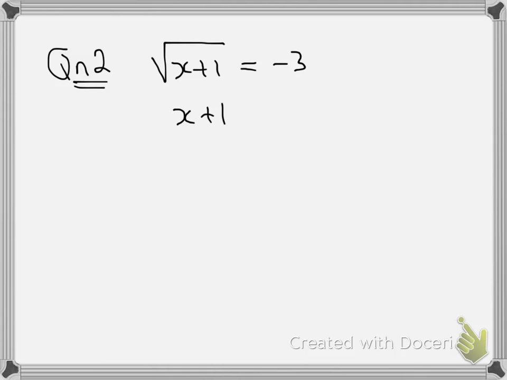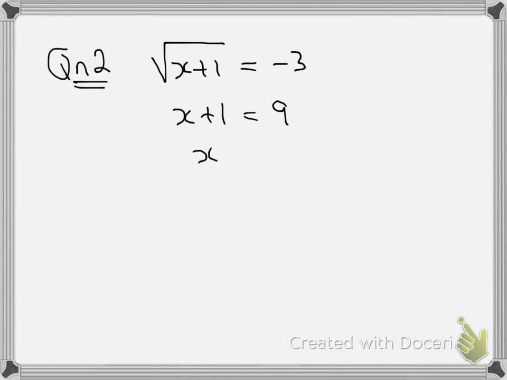Let's try another one. Let's try question 2, which says, the square root of x plus 1, same thing, okay, equals negative 3. Now, what you might say to yourself is, alrighty, okay, as long as I square both sides, I'm all right. So you might go x plus 1 equals the square root of negative 3 is 9.